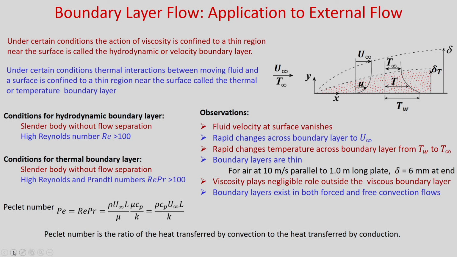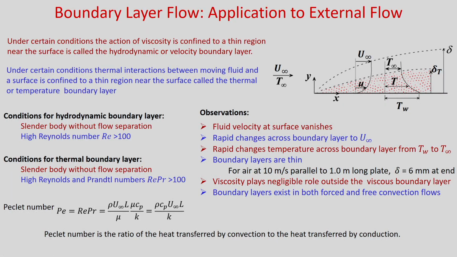Let us consider an external flow over a flat plate. You will see that there is some region close to the wall where the viscous effect is significant, and in some other region away from the surface there is no effect of viscosity.